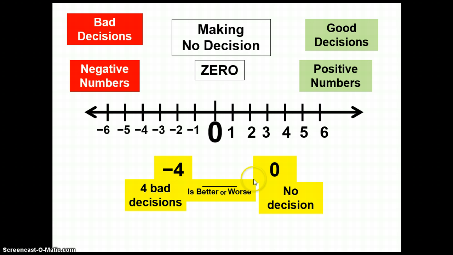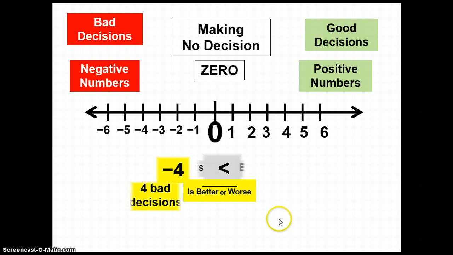That's 4 things. Versus a student who's doing nothing at all. They're not making good decisions, but they're not doing anything. Is 4 bad decisions better or worse than no decision at all? Well, the student doing 4 bad things is way worse than the student doing nothing at all. So -4 is less than 0.